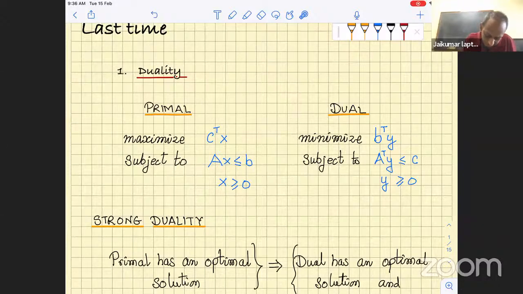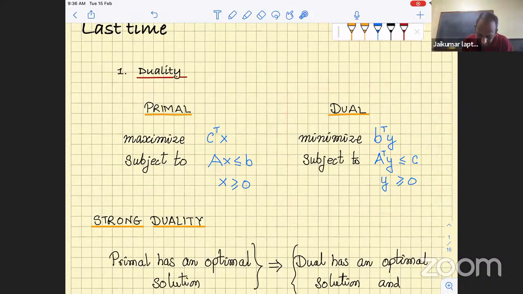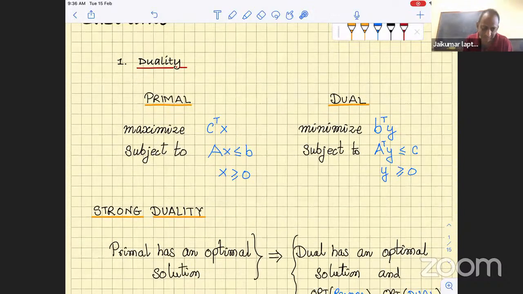Here you are trying to maximize this objective function subject to some constraints, with non-negativity constraints. And if you take the usual dual for this LP, the rules will tell you that the dual is this. There is a pleasant symmetry.